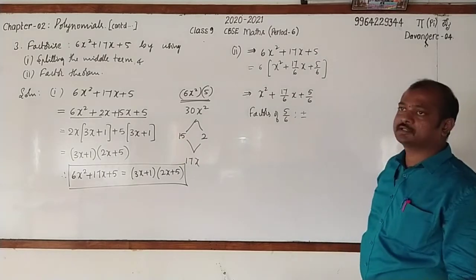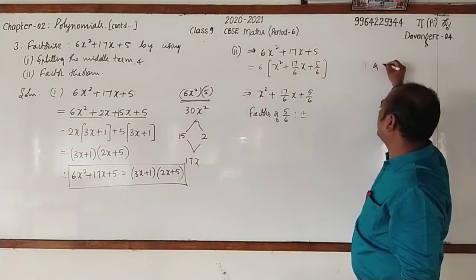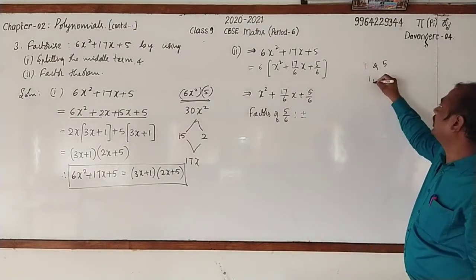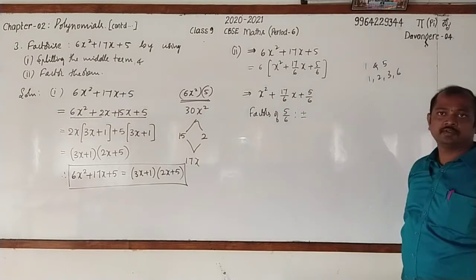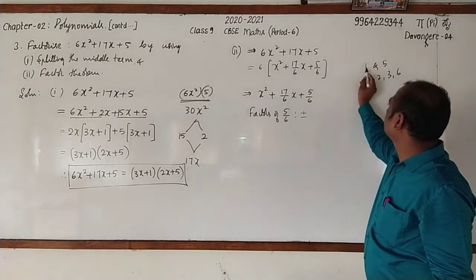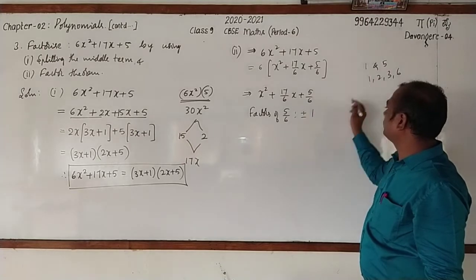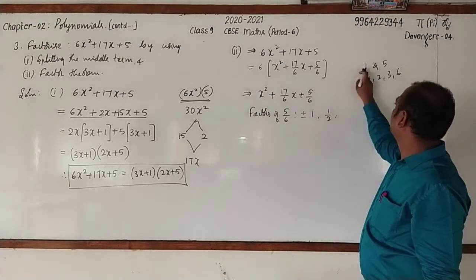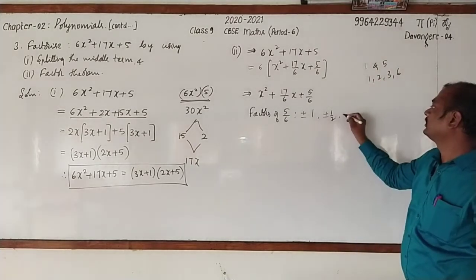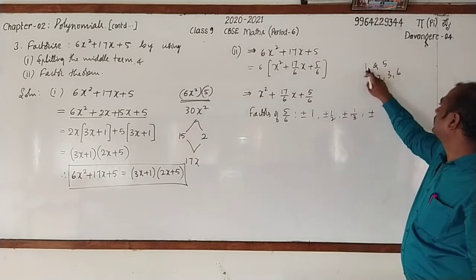How do you write the factors of 5 by 6? It is plus or minus. Observe here. What are the factors of 5? 1 and 5. What are the factors of 6? 1, 2, 3 and 6. Is it not? So I go for taking, look here, plus or minus 1 by 1, plus or minus 1 by 2, plus or minus 1 by 3 and plus or minus 1 by 6.